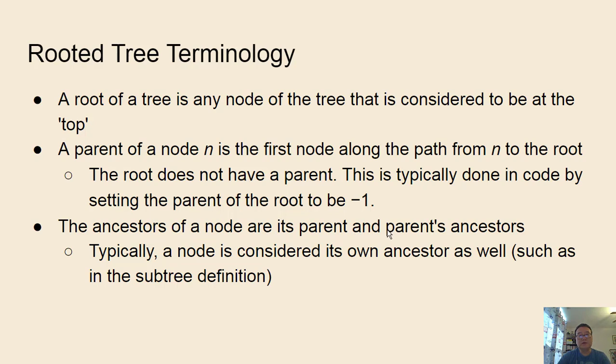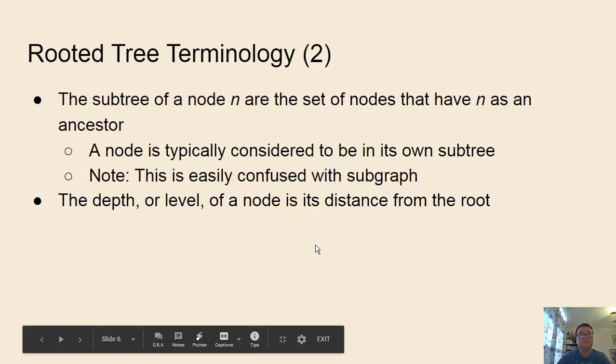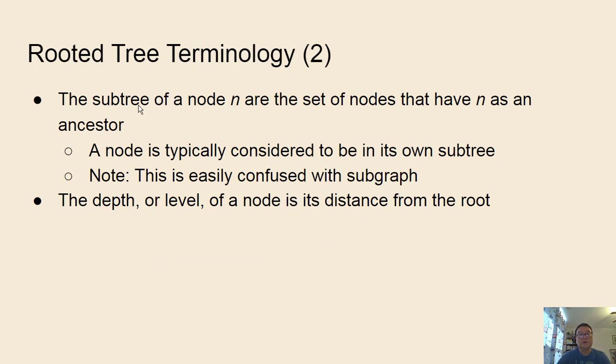The ancestors of a node include its parent and its parent's ancestors. Typically a node is also considered its own ancestor. A subtree of a node consists of all the nodes below it. Once we define ancestor, we can define those as all the nodes that have the node as an ancestor. And this node is typically considered to belong to its own subtree.